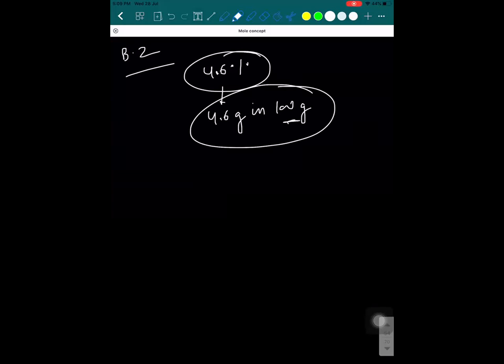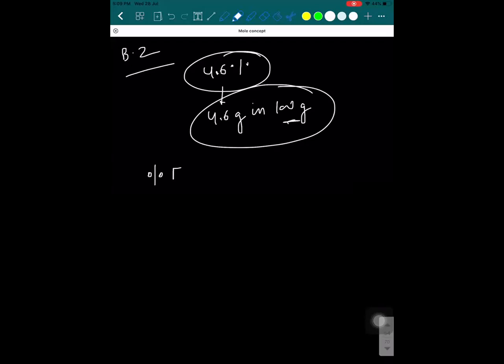Who is having a doubt in the B2? Roshan, he was having a doubt and he's not saying anything. Anyways, what they are saying in the question is that molecular mass you have to calculate.